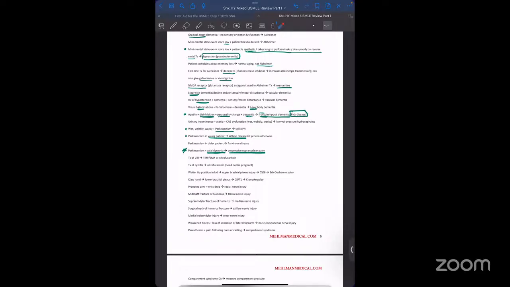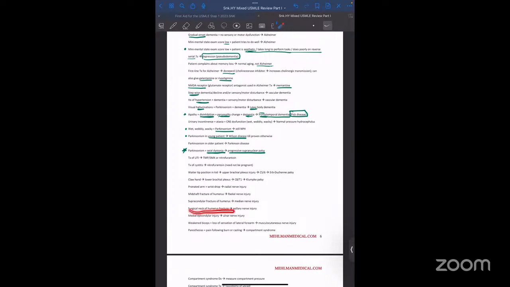Then pronated arm plus wrist drop. Wrist drop is radial nerve injury. Mid-shaft fracture of humerus, radial nerve injury. Supracondylar fracture of humerus, median nerve injury. And usually in Step 1, we had medial displacement, that's median nerve.